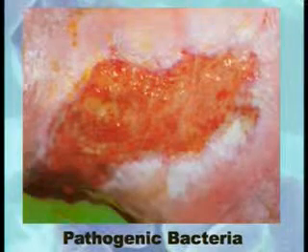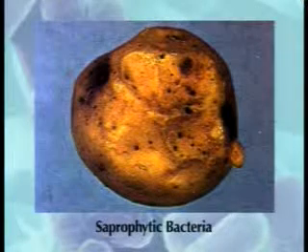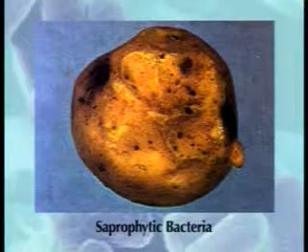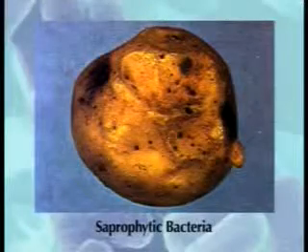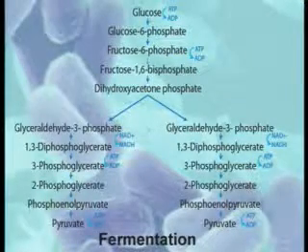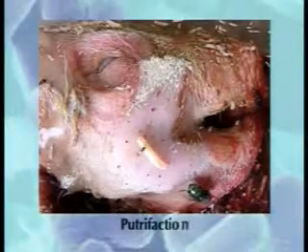Now we have one more group of bacteria which we call saprophytic bacteria. These bacteria grow on dead and decaying organic matter. They obtain their food by decomposing the organic molecules into simple inorganic constituents. The decomposition of carbohydrates and proteins by saprophytic bacteria is technically known as fermentation and putrefaction respectively.